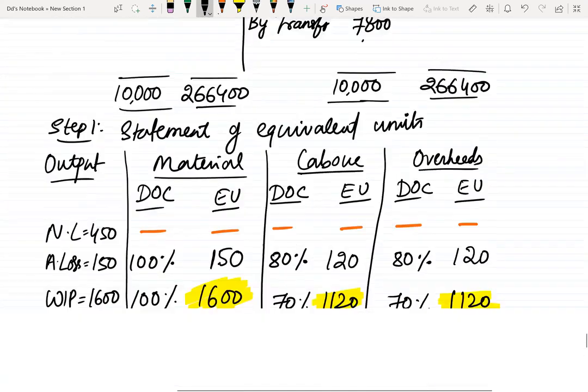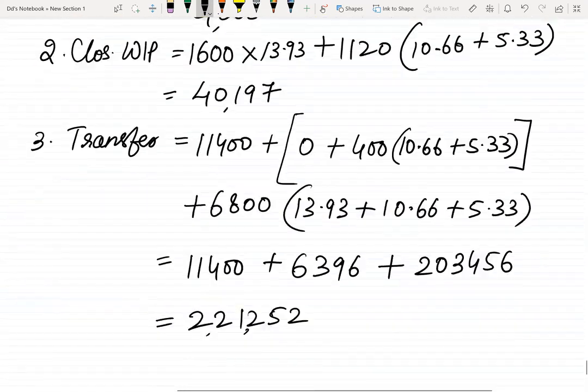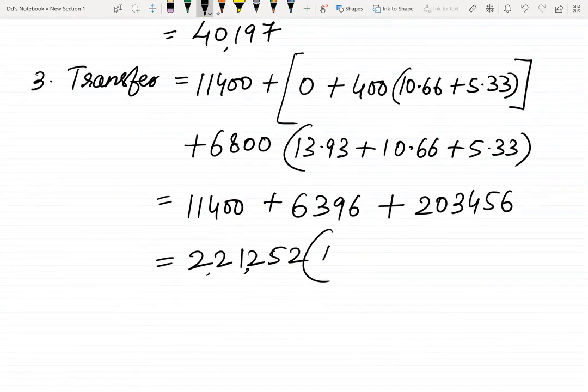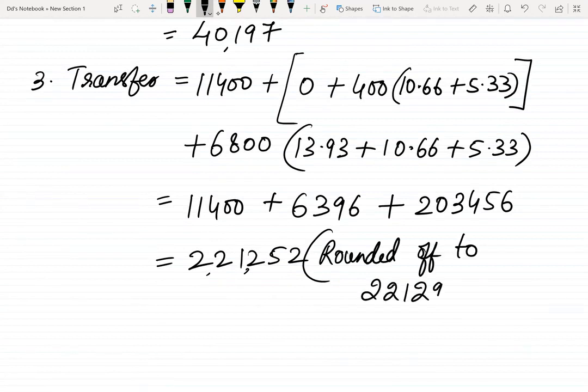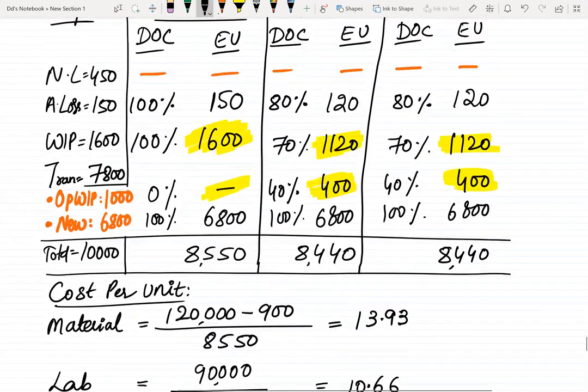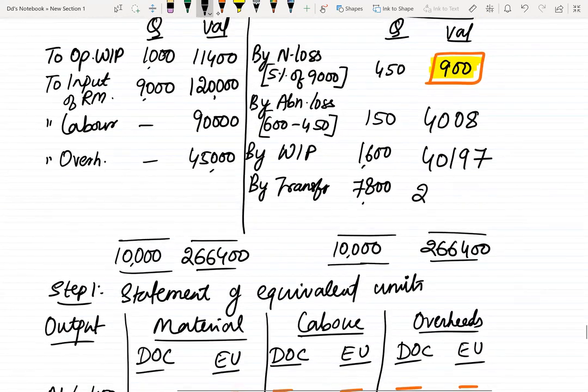What you can do, go down here, in bracket you write rounded off to 221295. They will get to know that this 30-40 rupee difference is because of rounding off. Now come back to the ledger, copy this number 221295. That's all.